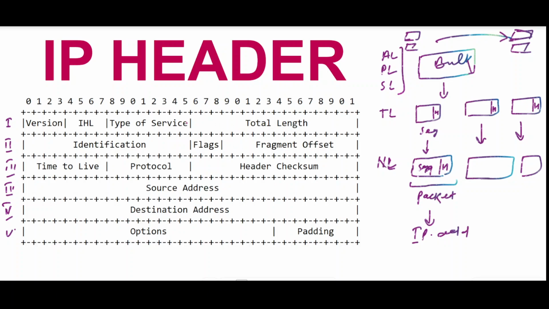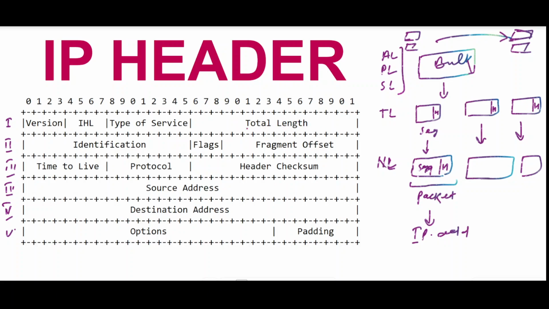Every bit represents some meaningful point. So it is not an alphabetical meaning. This is only as we use binary digits as meaningful content. Clear? So version, internet header length, type of service, total length.